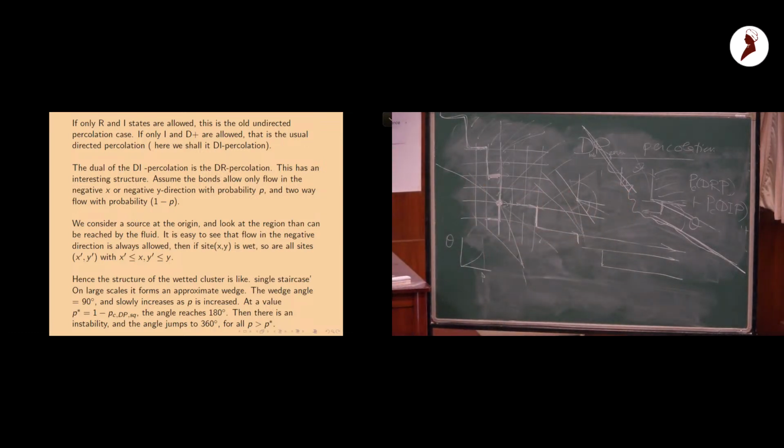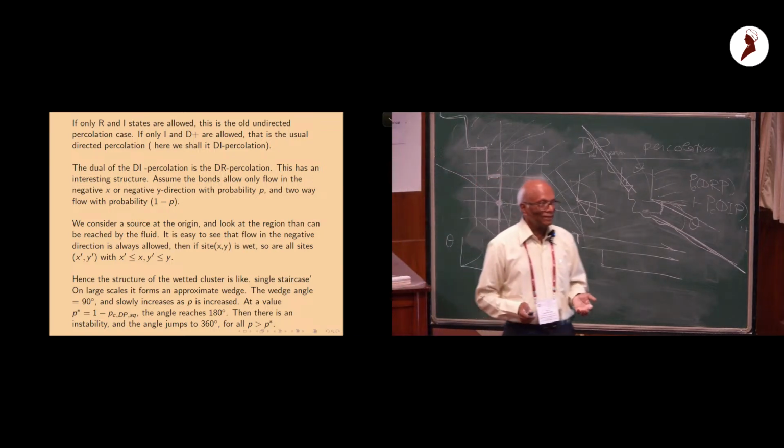So this is what it says here. We consider a source at the origin and look at the region that can be reached by the fluid. It is easy to see that the flow in the negative direction is... So, sorry, when I wrote this, my conventions for writing were different.